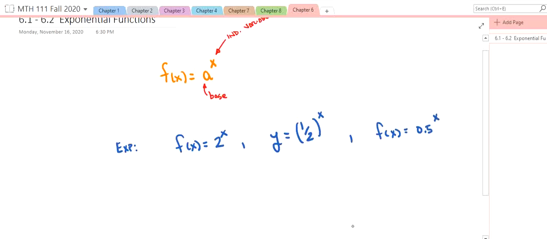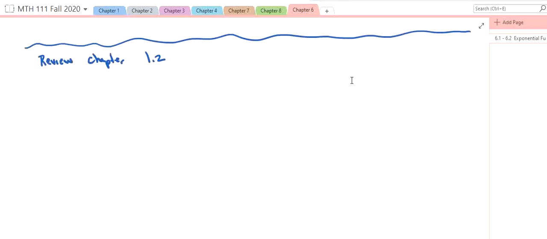So we could see these exponential functions in a number of different forms. Now at this point you might want to jump back and review chapter 1.2 for exponential functions and operations. But having said that, let's go on.